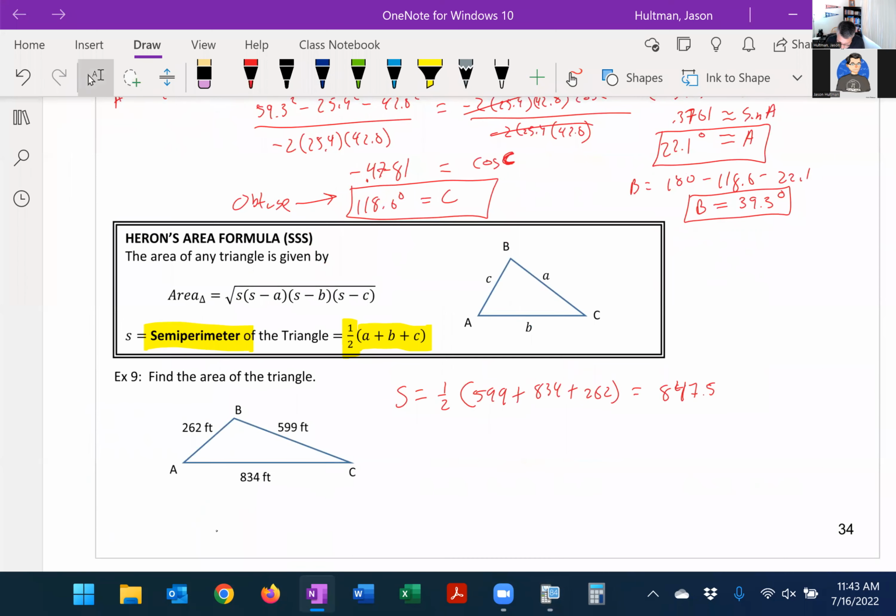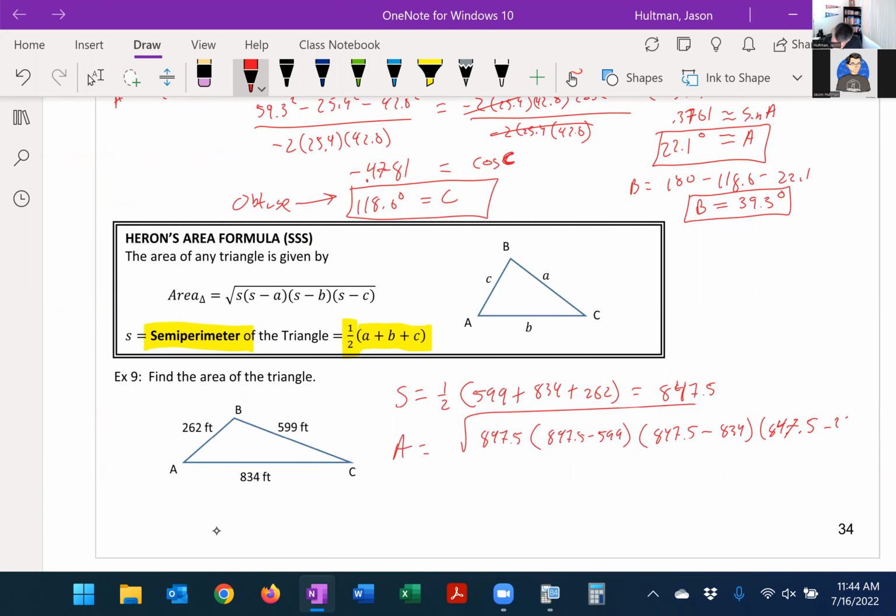Now we just plug this into the formula. We have A, B, C, and S. So the area is just the square root of S, which is 847.5, times S minus A, which is 847.5 minus 599, times 847.5 minus B, which is 834, times 847.5 minus 262.